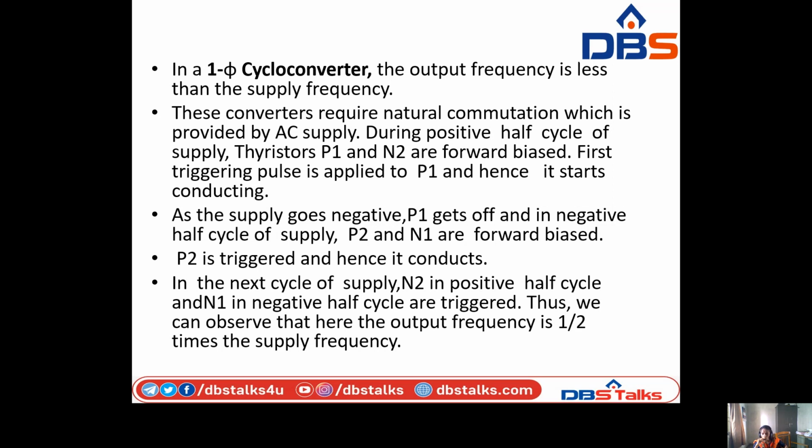When the supply goes negative, P1 turns off, and in the negative half cycle of supply P2 and N1 will be forward biased. So P2 is triggered, hence it conducts. In the next cycle of supply, N2 is made positive half cycle and N1 is in the negative half cycle and is triggered. Thus we can observe that the output frequency is half of the supply frequency.